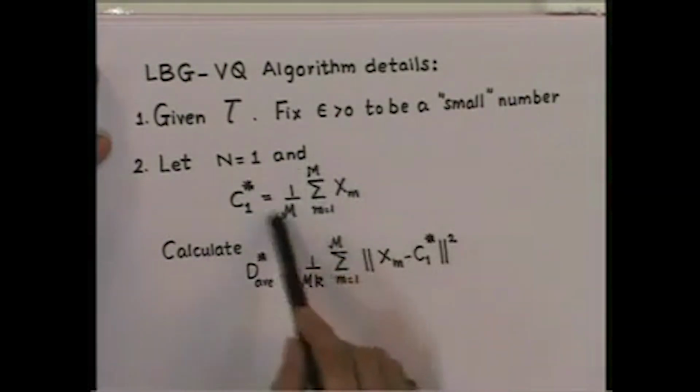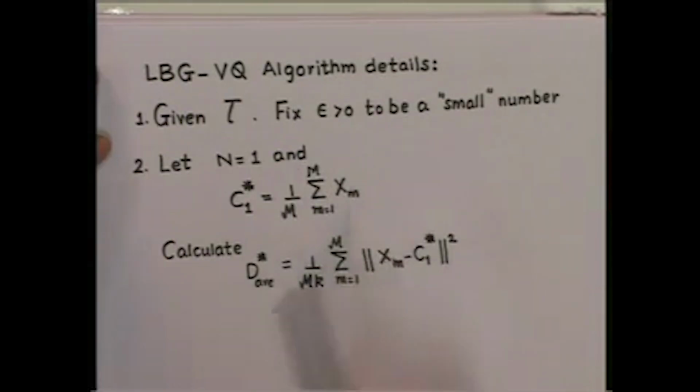Now, if the code book size was 1, we would have stopped at this point, but this would be a very gross approximation of the complete training set, and in this case the average distortion would be given by this expression. So, let us assume that the code book size required is larger than 1.